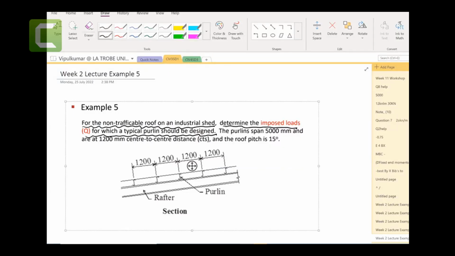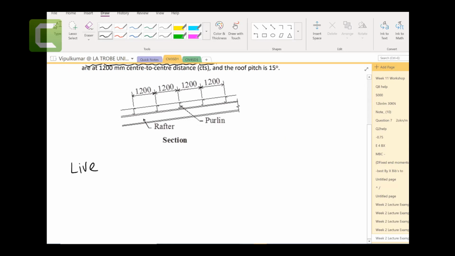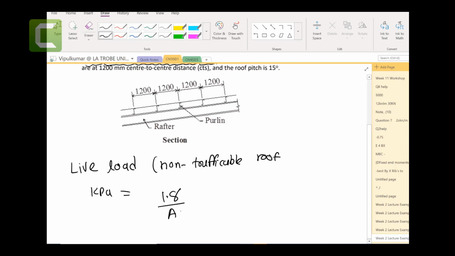So if I want to calculate the live load for a non-trafficable roof, then in kilopascals it equals 1.8 over A plus 0.12, and the unit is kilopascals, but it should be greater than 0.25 kilopascals.